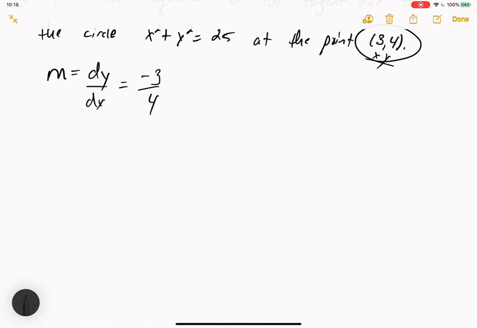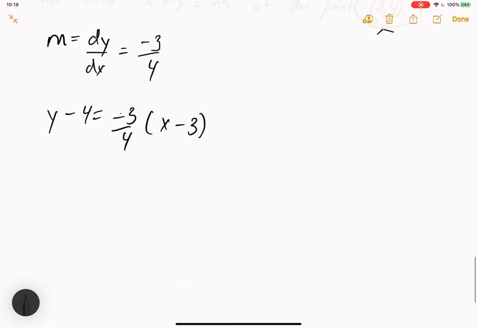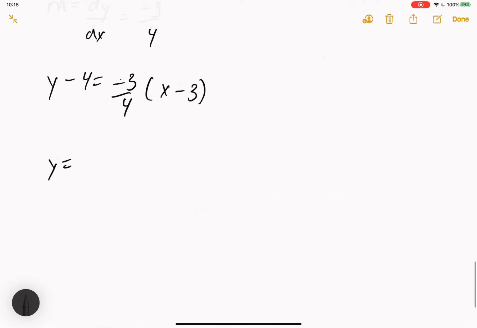So in terms of the tangent line, what this means is we have y minus y1, so y minus 4 is equal to negative 3/4 times x minus x1, so x minus 3. We could just solve for y here, or I'll actually do it for you guys.